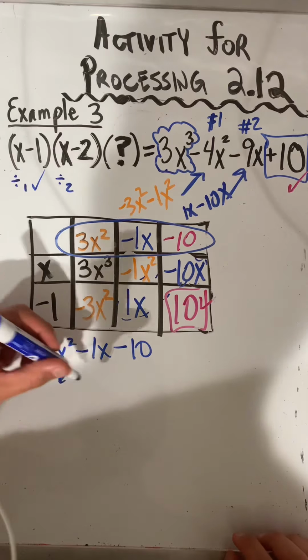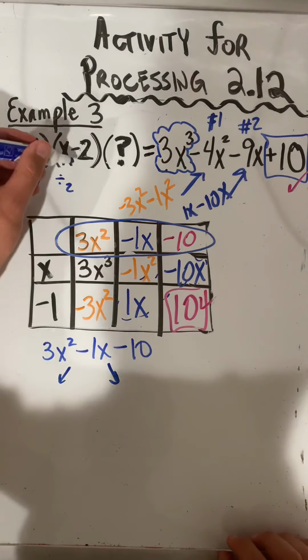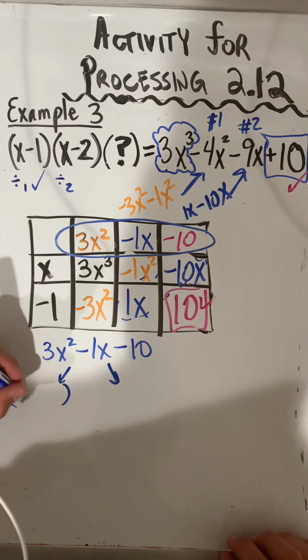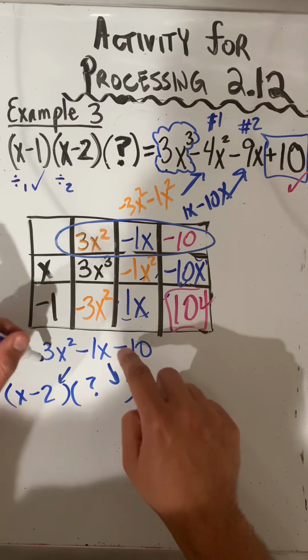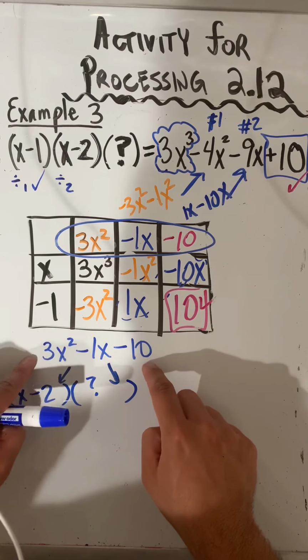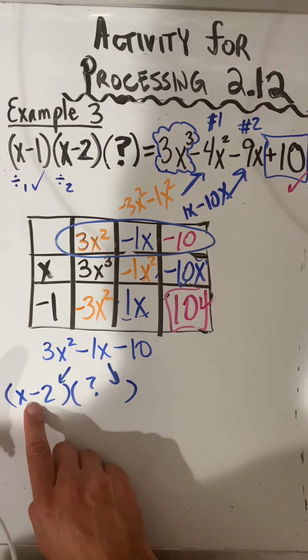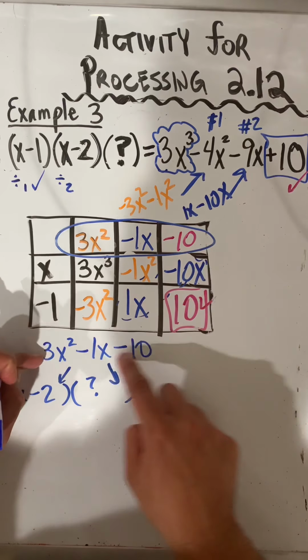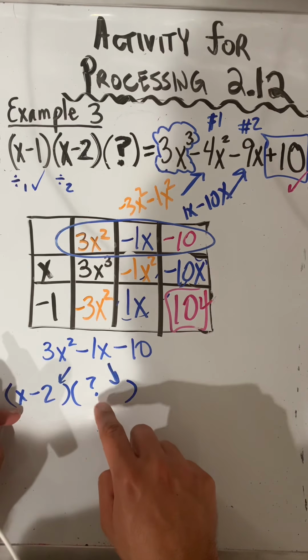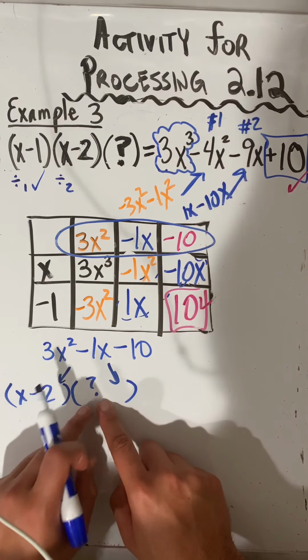So what I need to do now, the reason I do the second division, is figure out what x minus 2 times that mystery linear factor, these two items need to multiply and give me that. So that's why I'm going to divide by x minus 2. I'm going to divide this polynomial that I got right here by x minus 2, and that will give me this one right here.